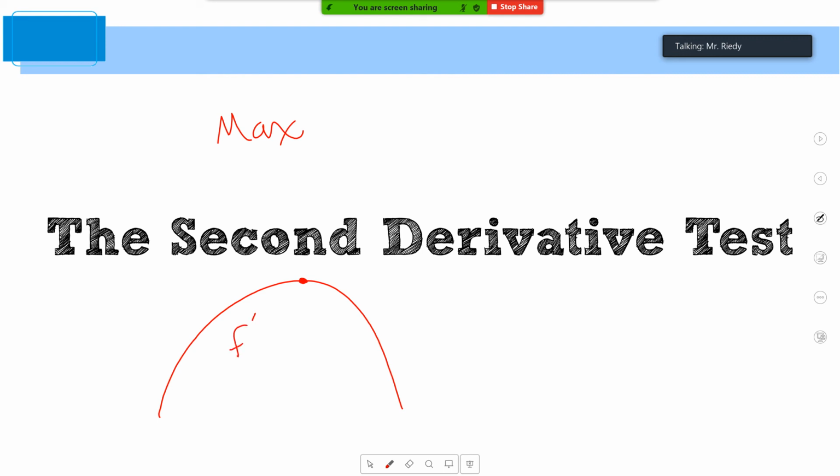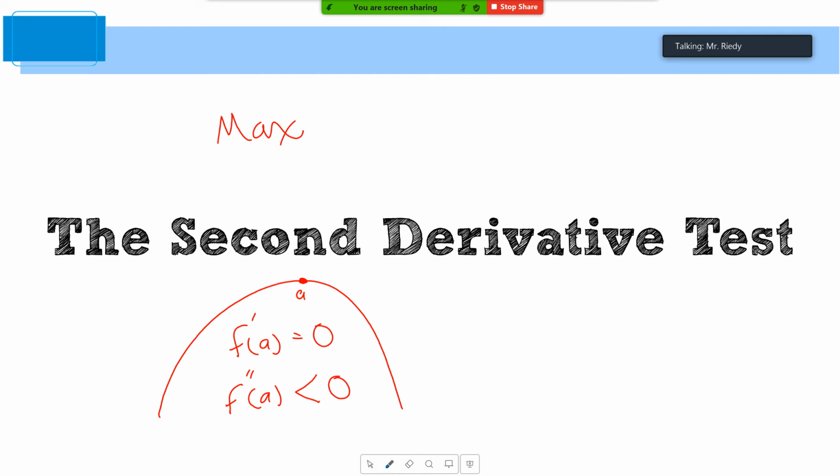Well, let's call this point A. f prime of A is equal to 0, because that's a critical number. And f double prime of A is going to be less than 0, negative in other words. If it's a critical number from the first derivative and the second derivative is negative, it will be a maximum.